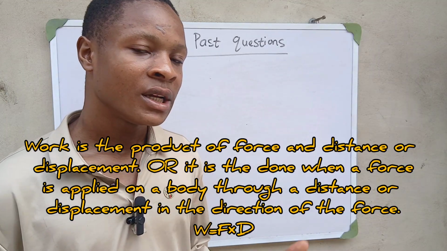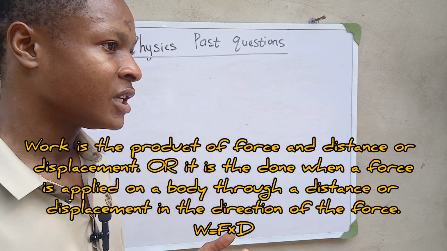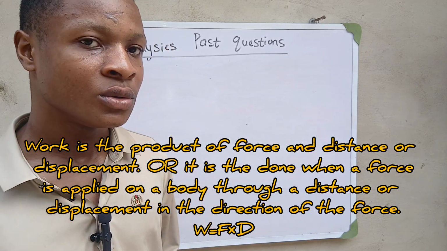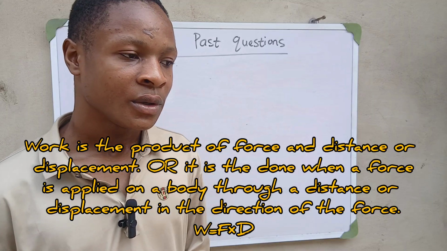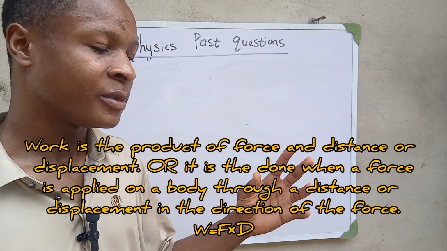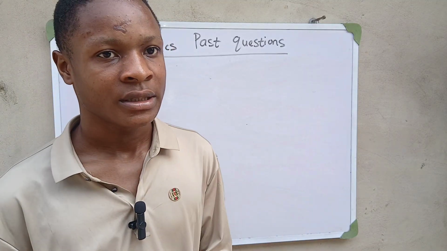Work is the product of force and distance, or work is said to be done when a force is applied on a body through a distance or a displacement in the direction of the force. It's best you put it in the formula definition because that one is easier. Work is the product of force and distance.